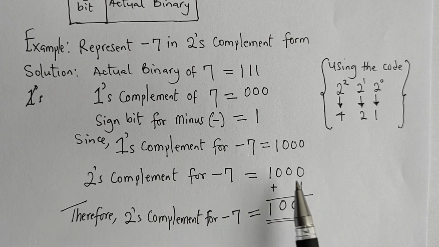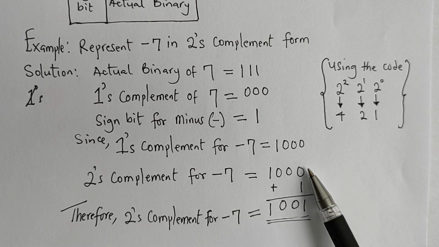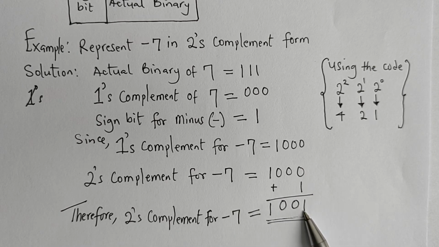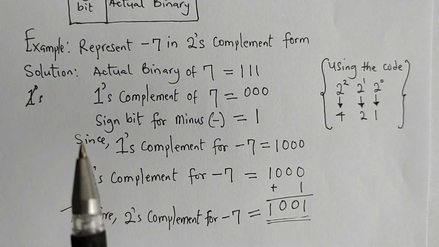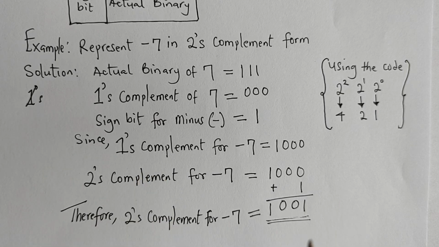Now 0 plus 1 in binary is 1, you bring down the 0, you bring down the 0, you bring down the 1. Therefore, the 2's complement for -7 is equal to 1, 0, 0, 1. The first bit signifies the sign bit, which is minus. So this is how easy it is to solve problems in complement form.